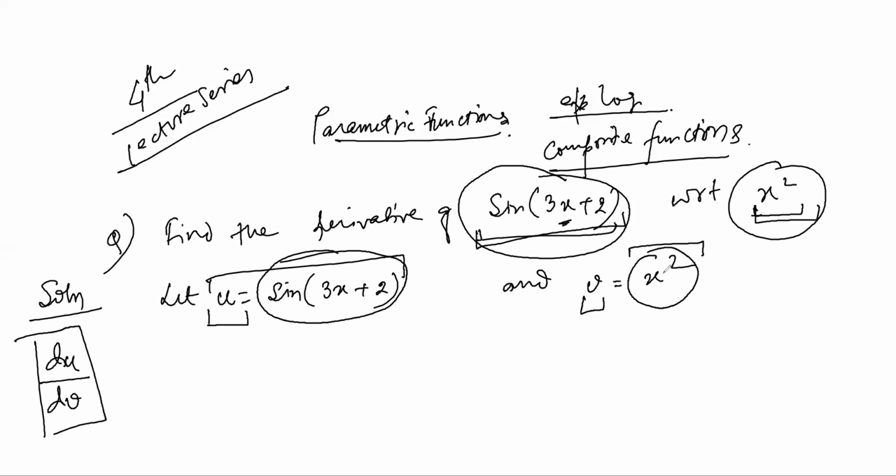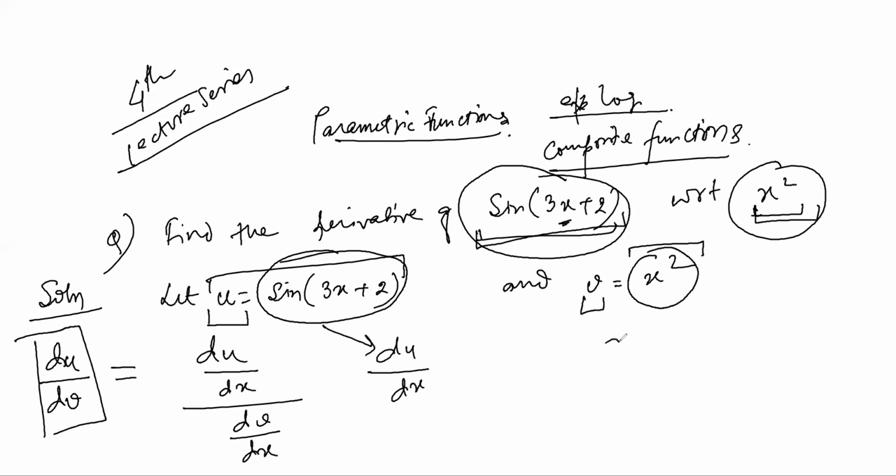So how to solve this? We need to write it in some other way. It is du by dx divided by dv by dx, which will give us du by dv. So basically we need to find du by dx from this function, and dv by dx from this function.